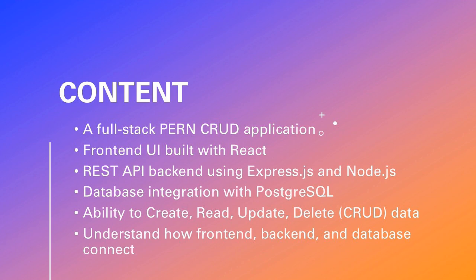I am going to implement my frontend using React, and for the backend REST API implementation, I am using Express.js and Node.js. For the database integration, I use PostgreSQL. At the end of this tutorial series, you will be able to understand basic CRUD operations using the PERN Stack.